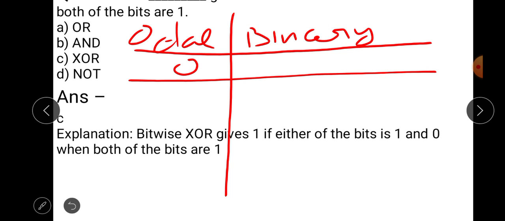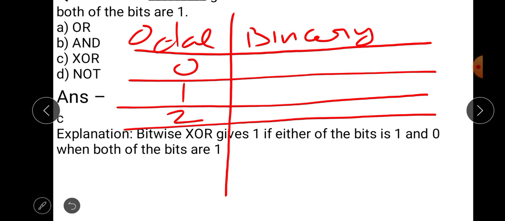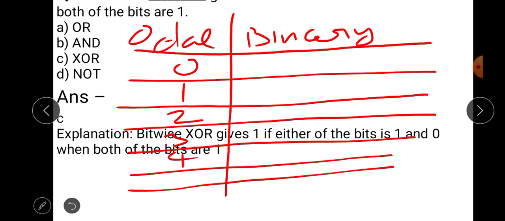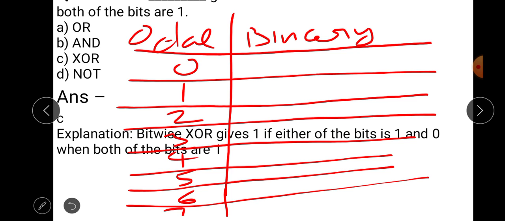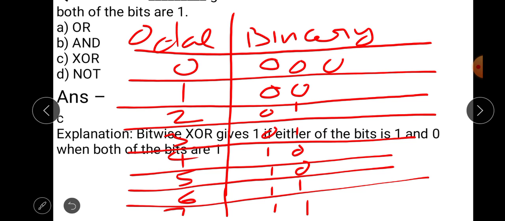All octal numbers start from 0: first 0, then 1, 2, 3, 4, 5, 6, and at last 7. Then to write the binary equivalent, write 4 times 0 and 4 times 1, and then 2 times 0, 2 times 1, then 0101 continuously. So we get the binary equivalent of all octal numbers.